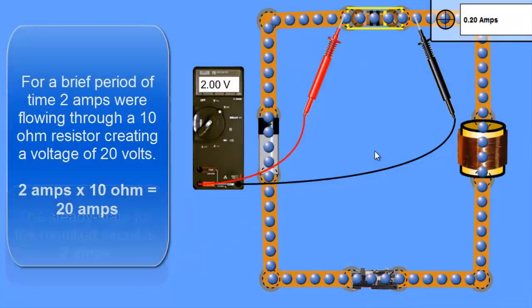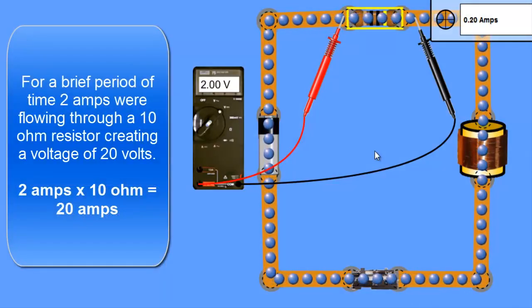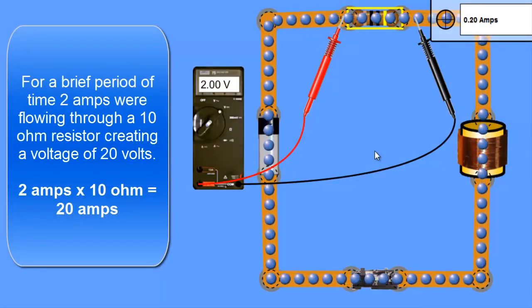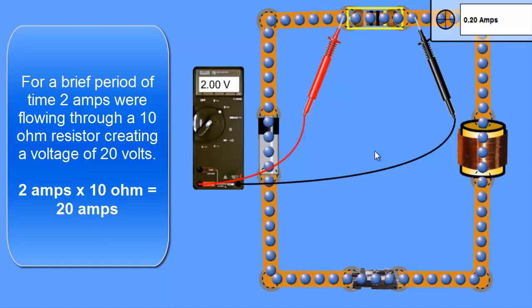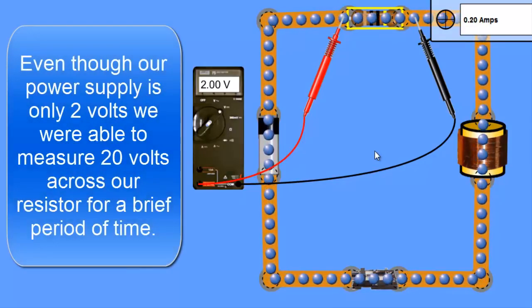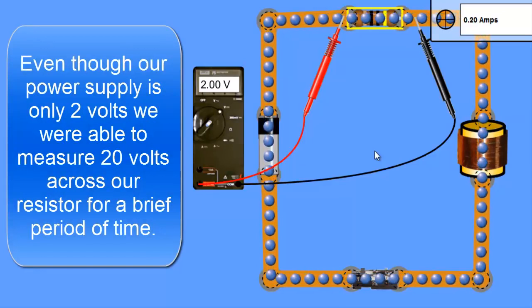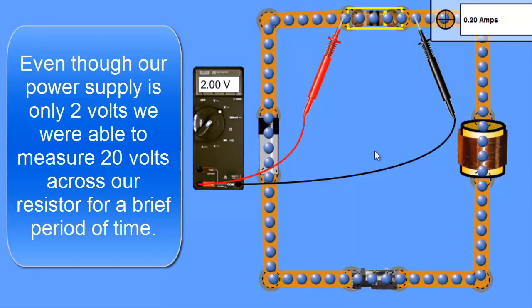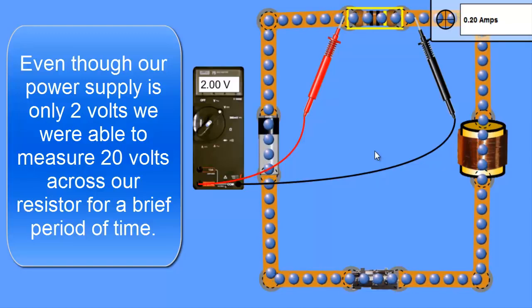So Ohm's law is holding now, but for a brief period of time we had a 2 volt battery as the highest voltage source in the circuit, yet we were able to pull 20 volts from that circuit for a short period of time. And that's the interesting property of inductors.